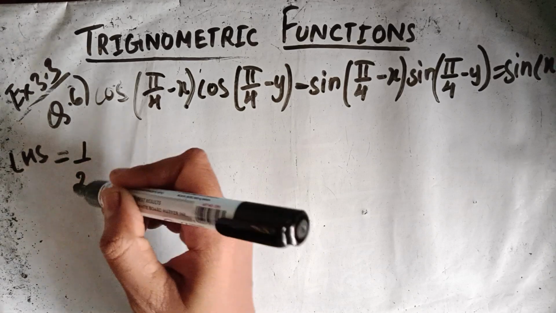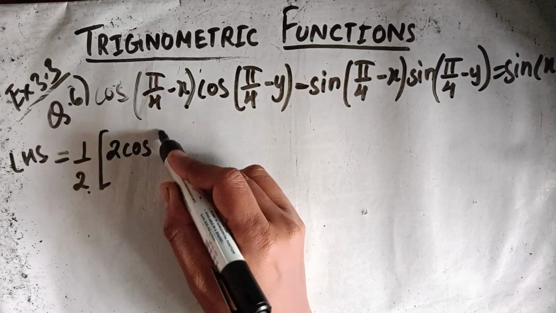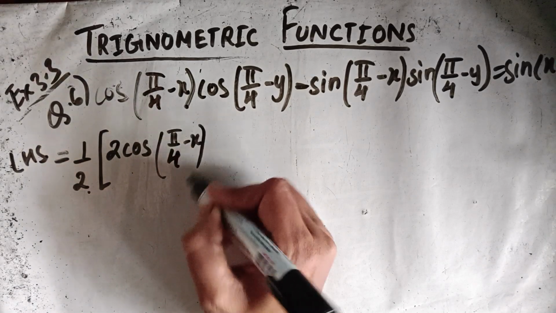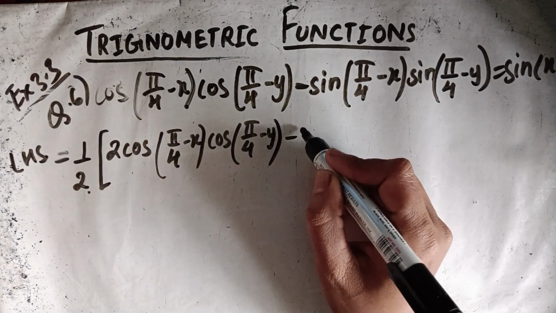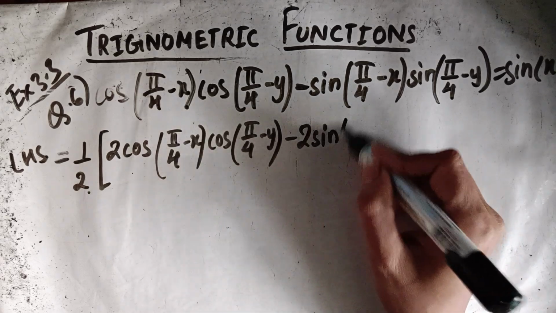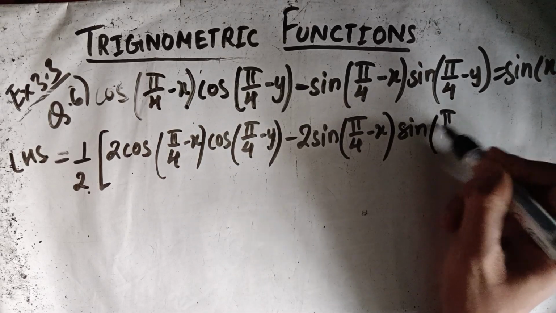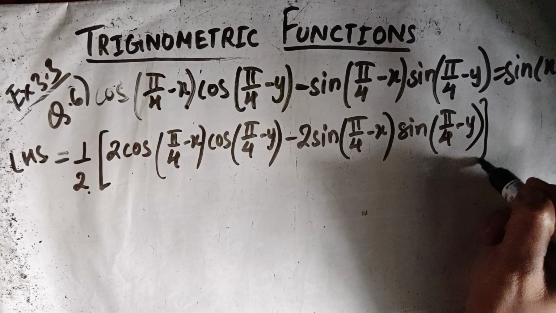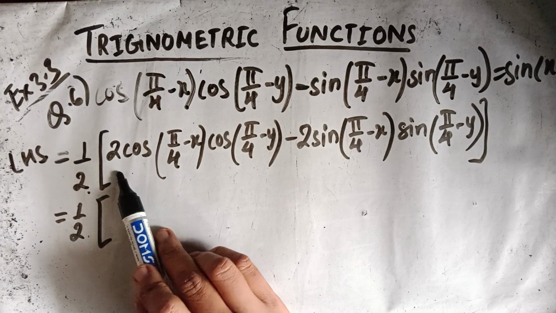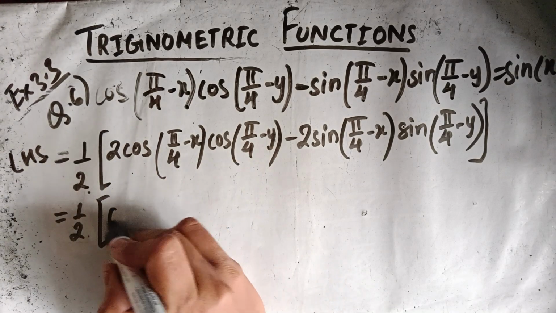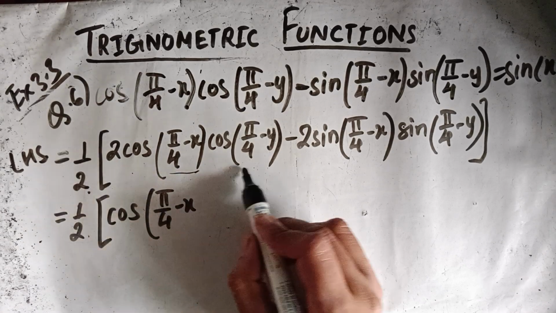So we can write 1 upon 2 outside, cos pi by 4 minus x, cos pi by 4 minus y, minus 2 sin pi by 4 minus x, sine pi by 4 minus y. Okay, so half you can keep outside. This is 2 cos A cos B, which is cos A plus B. This whole thing is A, whole thing is B.